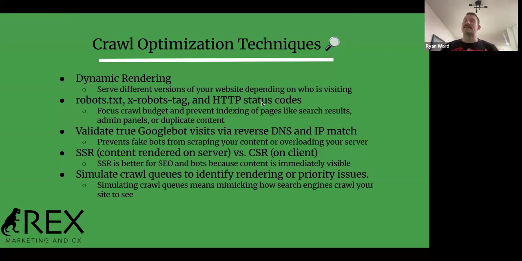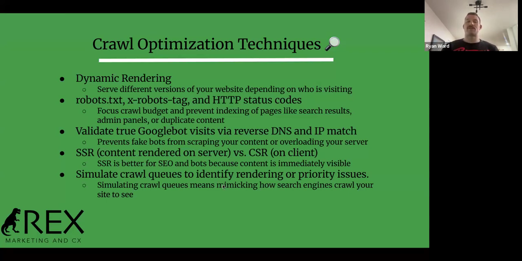And then also simulate crawl queues to identify rendering or priority issues. So what this means is that simulating crawl queues will show you and mimic how search engines crawl your website.